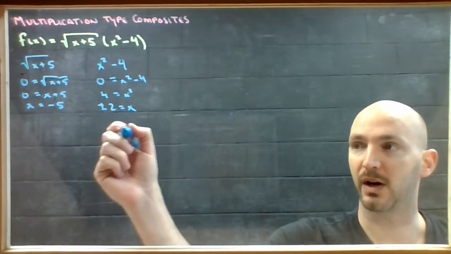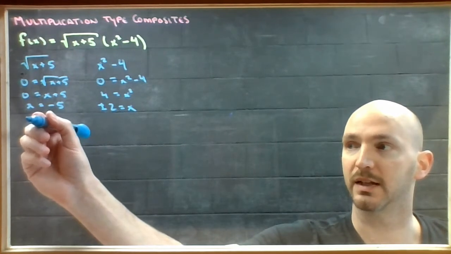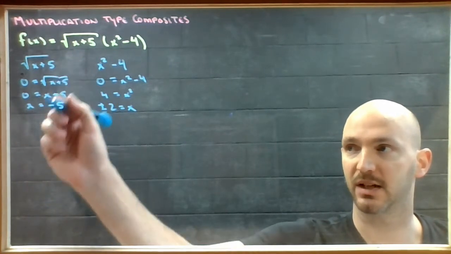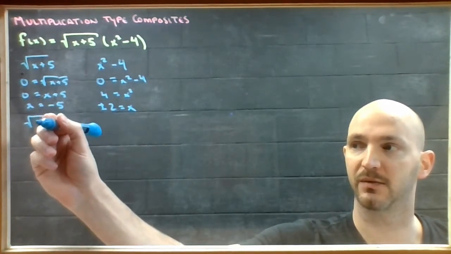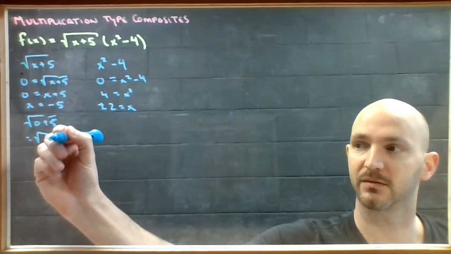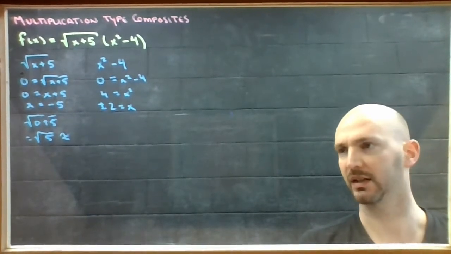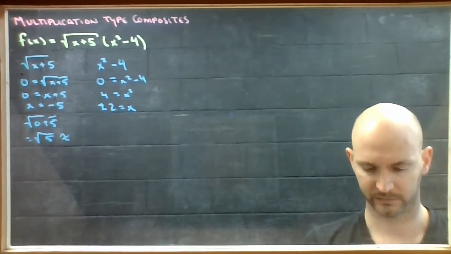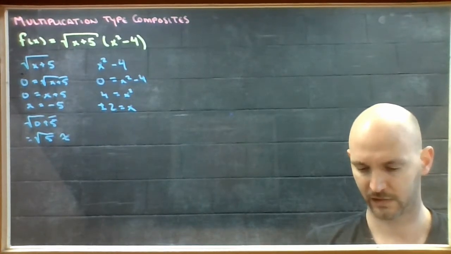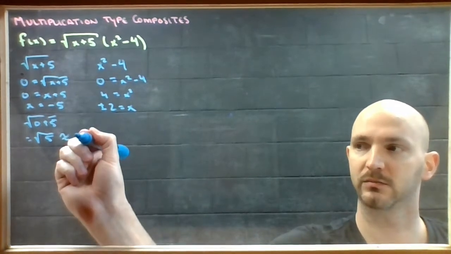Now I'm going to get my y-intercepts. So just putting 0 in for x, square root of 0 plus 5 is root 5, which is approximately 2.24.